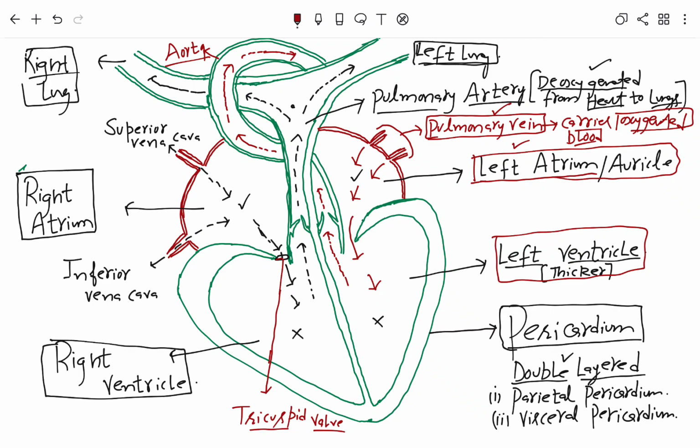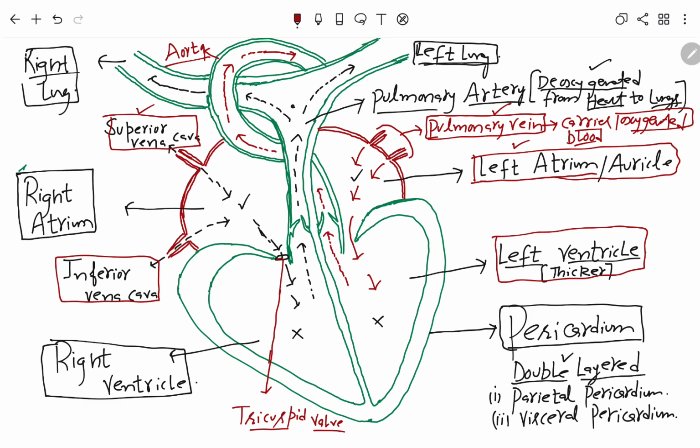So finally that oxygenated blood will reach the tissues and organs, and they will utilize that oxygenated blood. Then that blood will again become deoxygenated. Now the duty of bringing that deoxygenated blood will be taken up by the vena cavas. Upper part deoxygenated blood will be brought by the superior vena cava. Lower parts deoxygenated blood will be brought by the inferior vena cava.